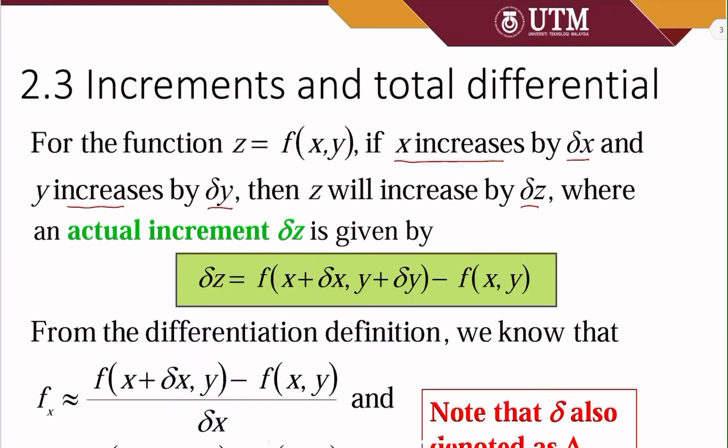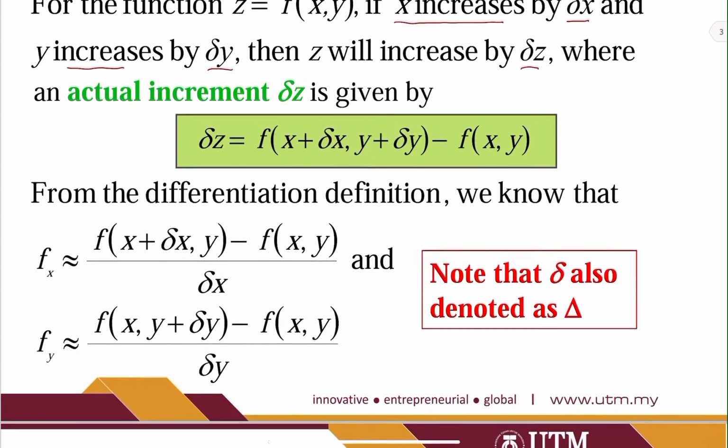So we have delta z equal to f(x plus the increment delta x, y also plus the increment delta y) minus the original function f(x, y).